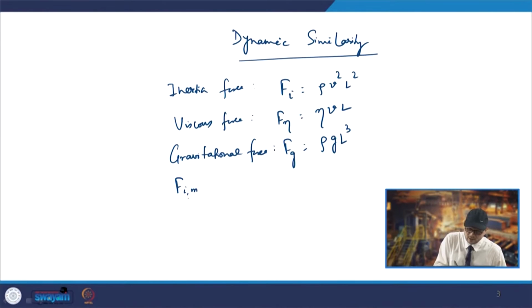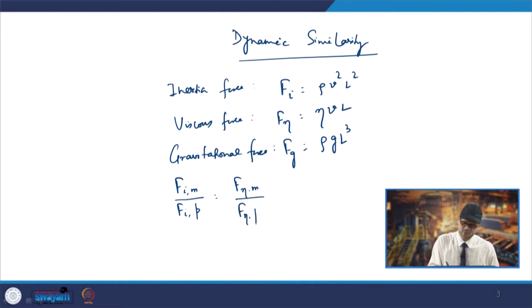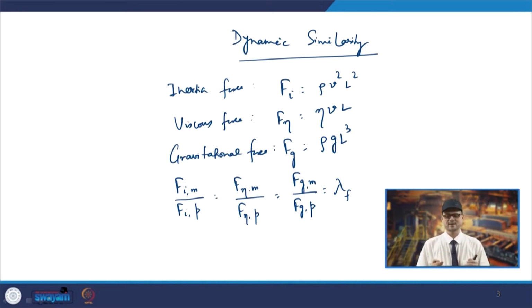So, this dynamic similarity condition says that the ratio of F I of the model to F I of the prototype should be the same as the F eta, that is viscous force of the model to viscous force of the prototype, or the gravitational force of the model to gravitational force of the prototype, and there should be some constant, that is lambda f. So, that is for force.